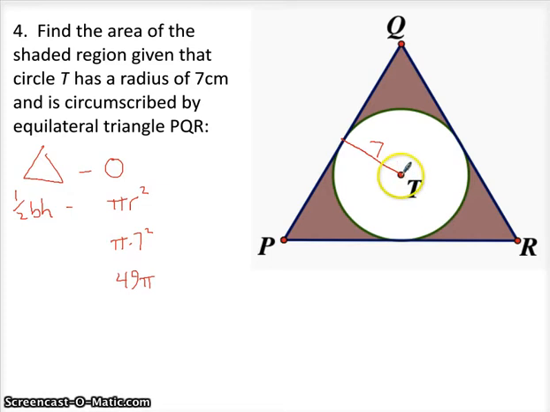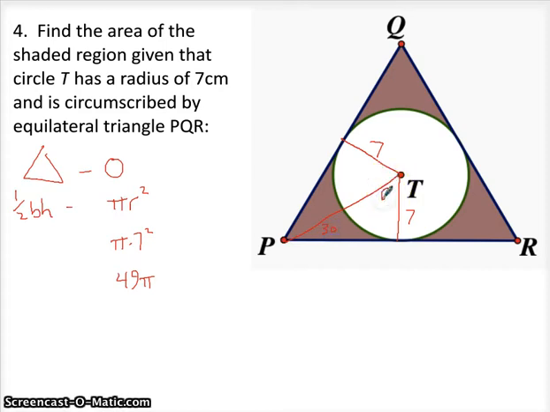Well, the base of the triangle, ooh, that could be kind of tricky. This is 7. Remember, I could draw that radius wherever I want. If I want to think about a triangle like this to help me figure out what the base of that triangle is, PR, well, this isn't so bad, because what kind of triangle is this? Well, this was 60 because it was equilateral. That means this has to be 30.